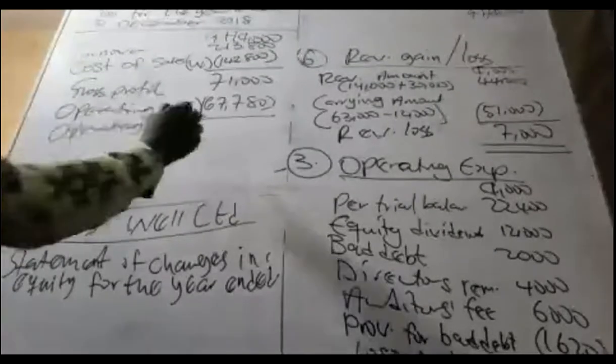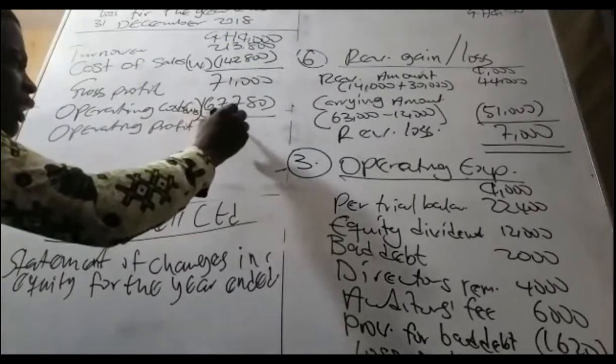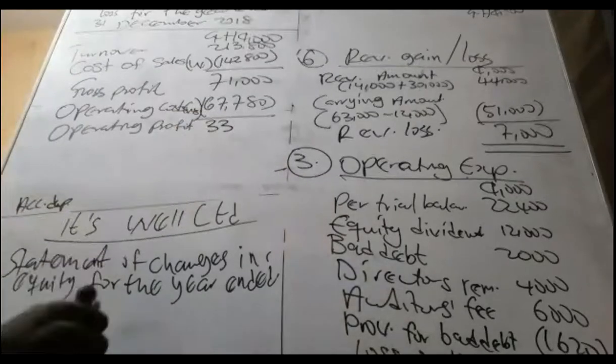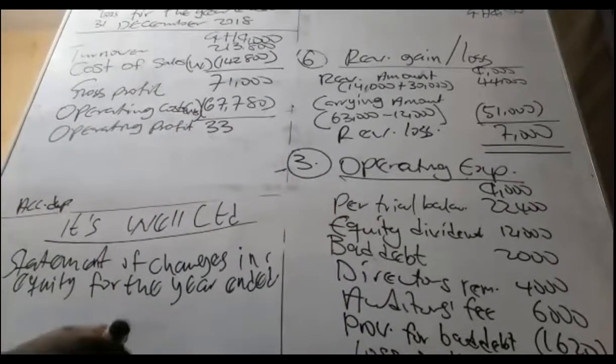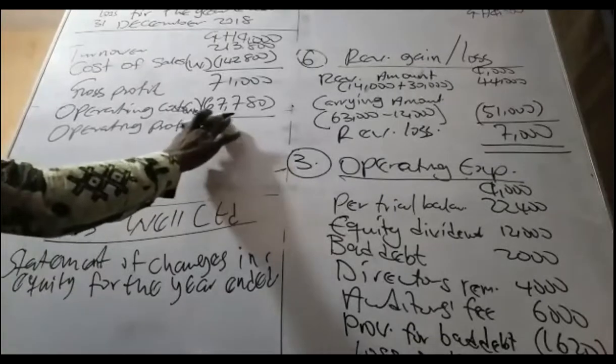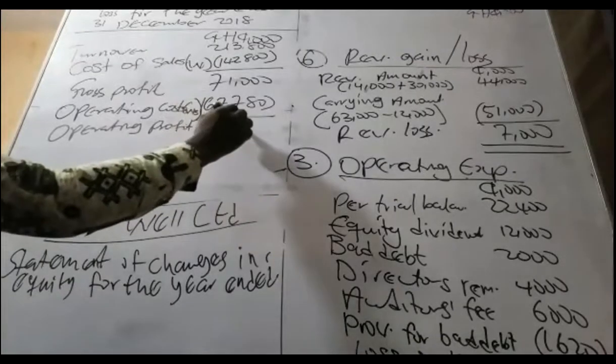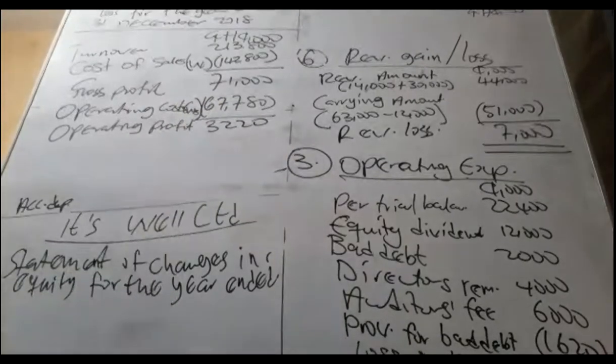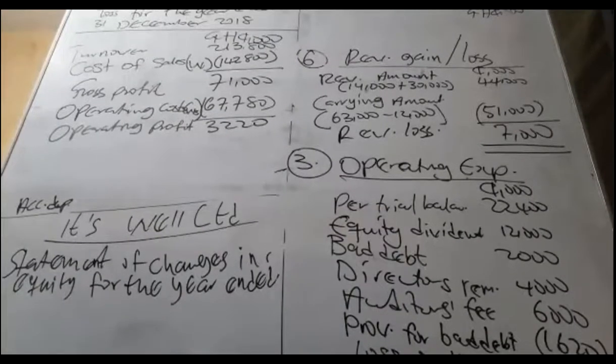Like that. Okay, 3,220, right? Good. So 3,220. That is the operating profit.